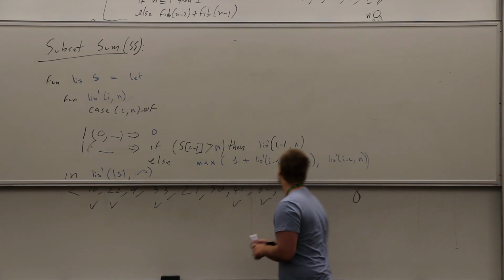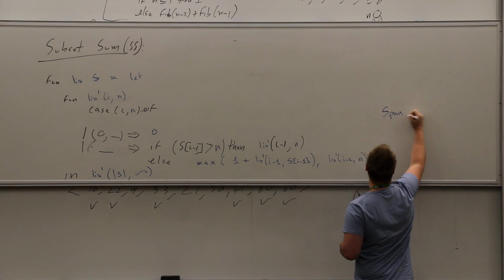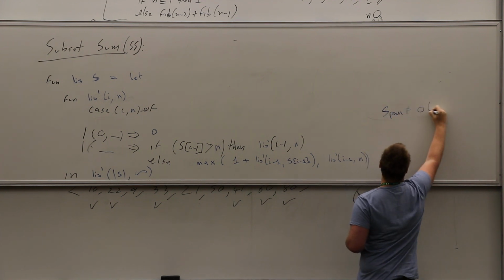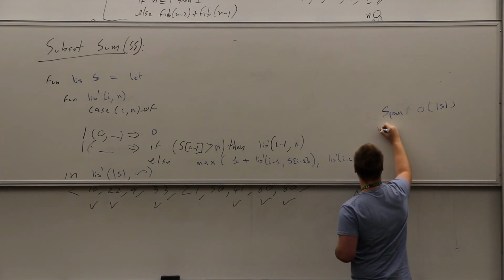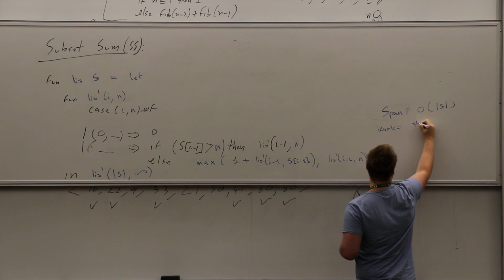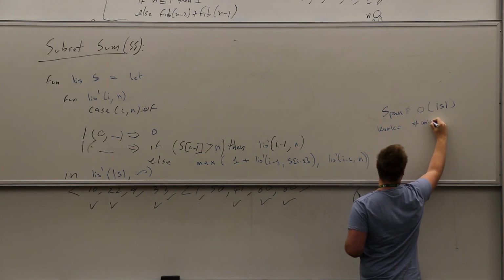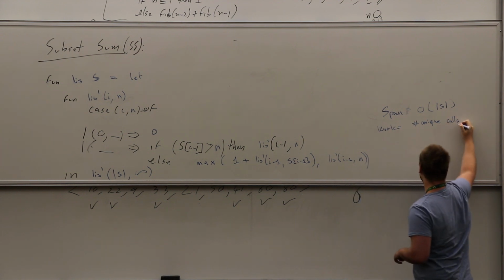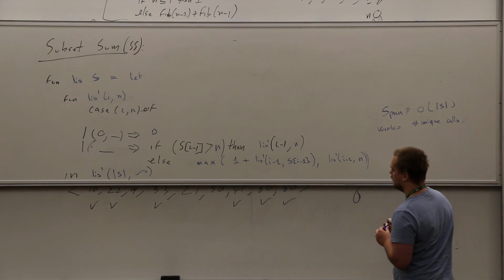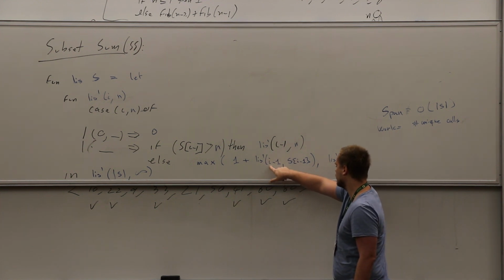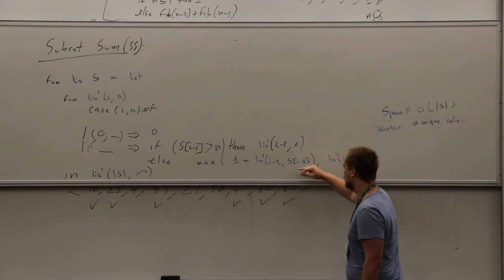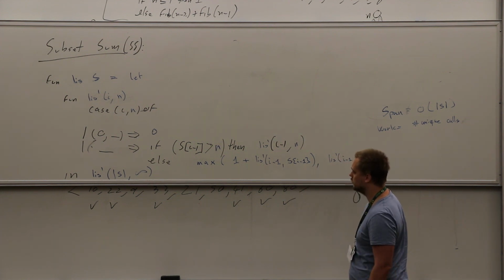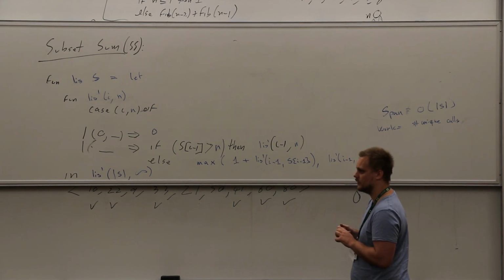So what should the number of unique calls be? That's a little trickier the way you've written it, but there are still only n possible values that the S i minus 1 is going to have, right?